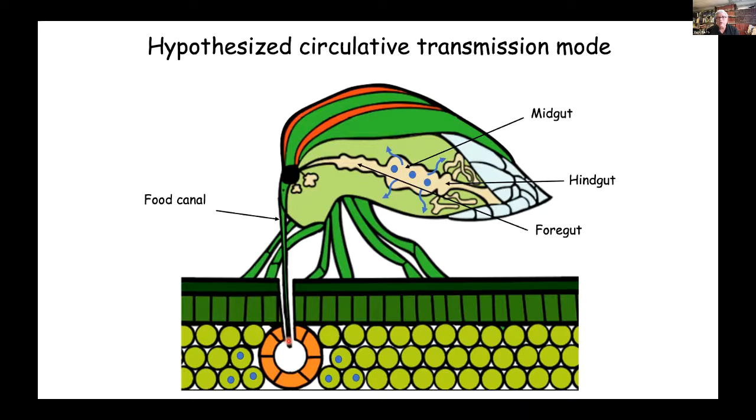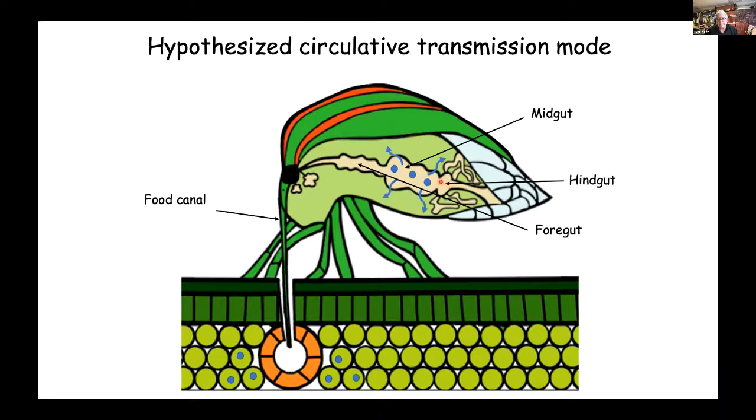This is not the case for red blotch, because red blotch, after it is acquired through a feeding probe of the insect, will move up the food canal and transit through the insect body. So it goes through the foregut, the midgut, and then the hindgut.